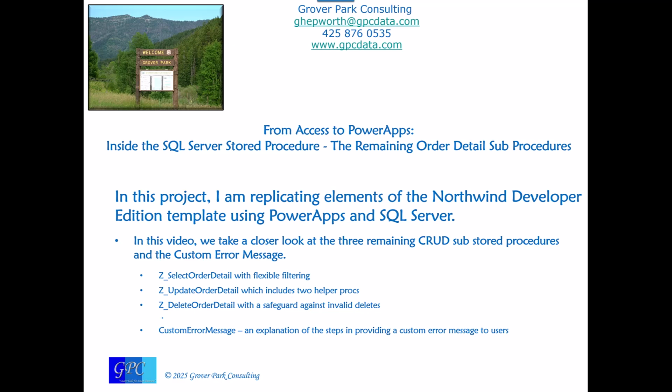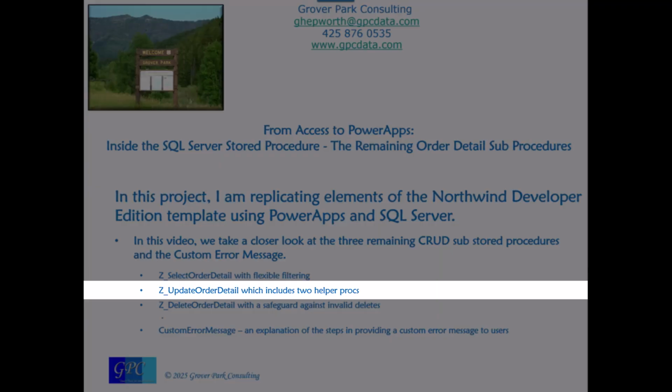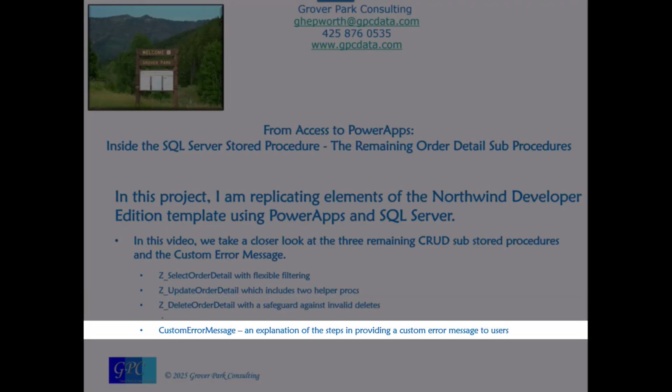In the previous video, we explored the CRUD order detail master procedure and walked through the first sub-procedure, Z, add order detail. In this video, we'll cover the remaining three sub-procs, Z, select order detail, Z, update order detail, and Z, delete order detail, plus the custom error handler.